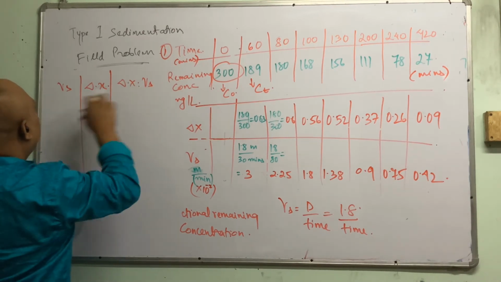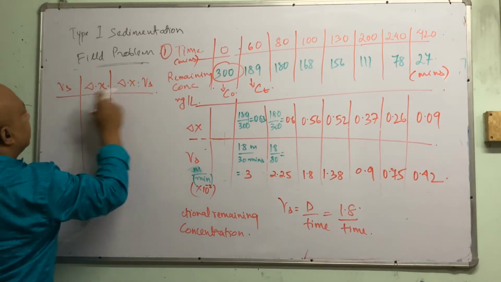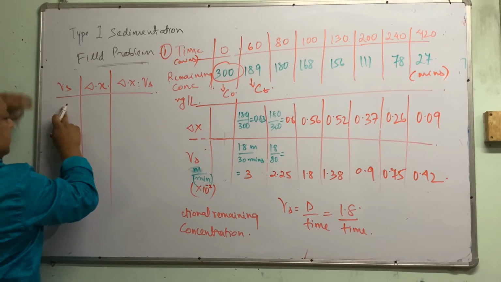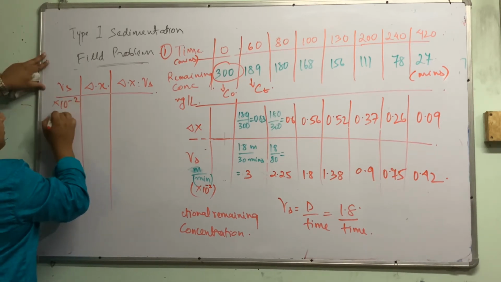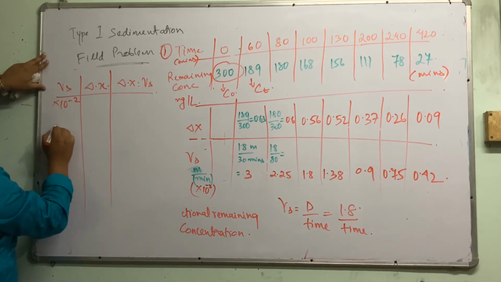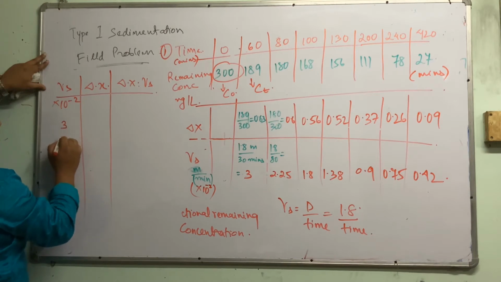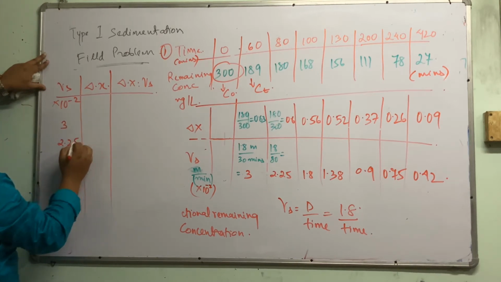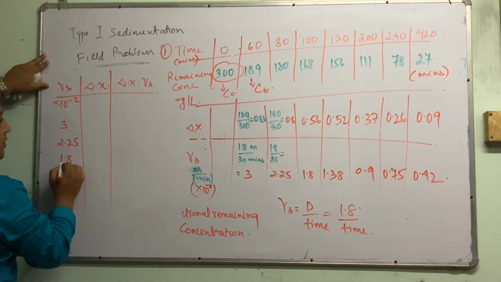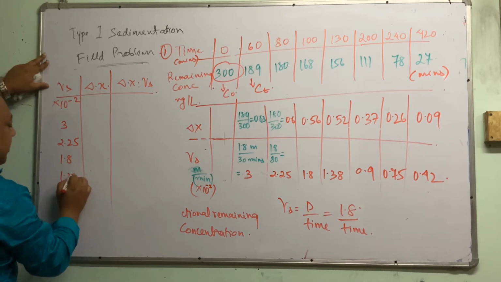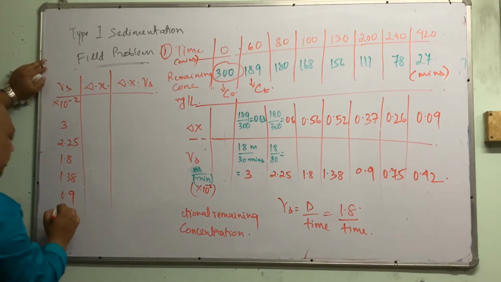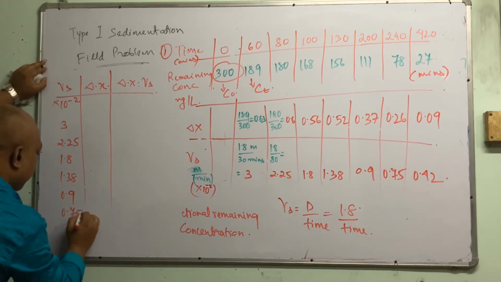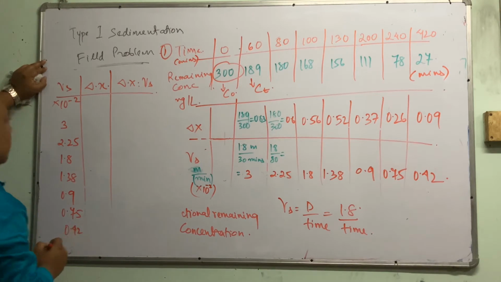So what is settling velocity? Settling velocity can be in terms of 10 to the power minus 2, let it be. Number one is 3, 2.25, 1.8, 1.38, 0.9, 0.75, 0.42.